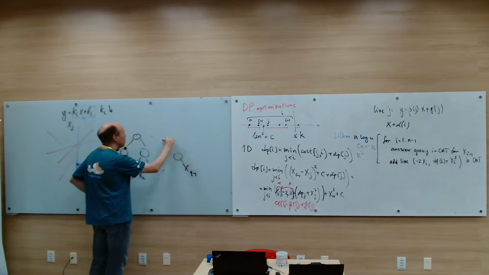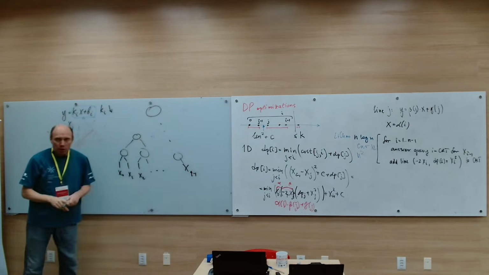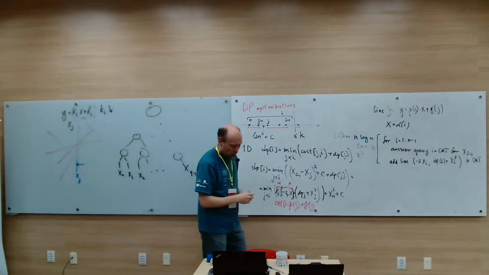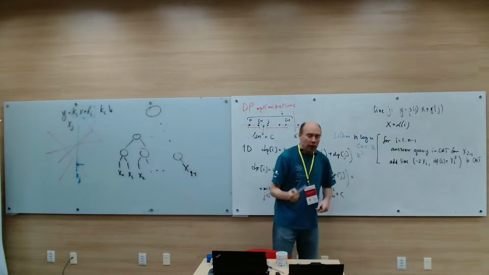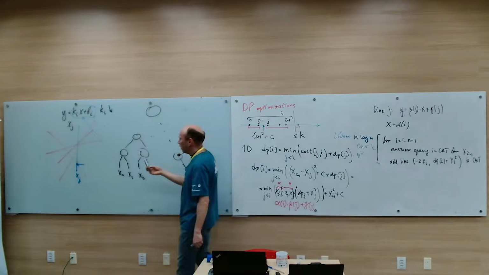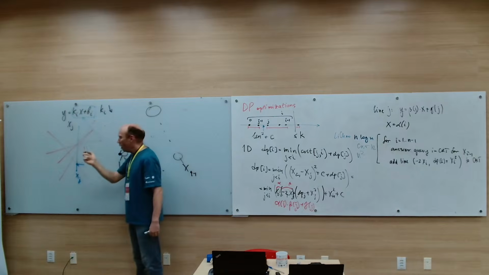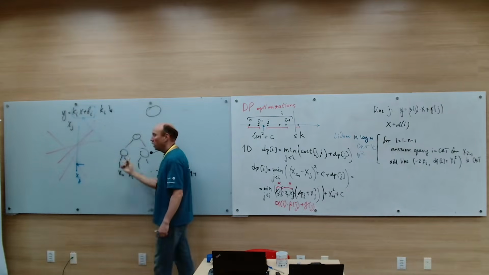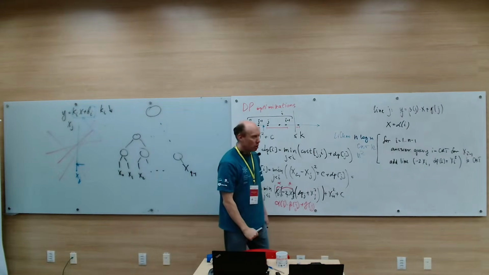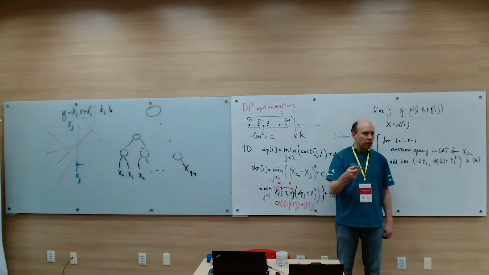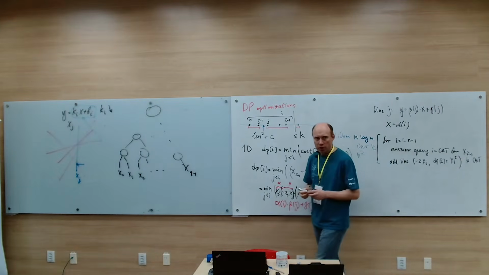So what are we going to store in the nodes of the segment tree? We still have the same problem with lines. We have a set of lines of the form k_i x plus b_i. And for the queries, we would answer the minimal possible point of intersection of the corresponding vertical line with the set of the given lines.